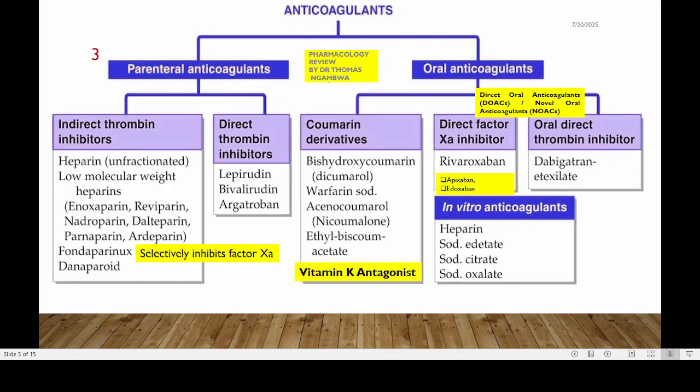They have one advantage over warfarin, in that they don't require INR monitoring. Thank you so much. Let's go through that and compare it with the pulmonary embolism or the use in the DVT to see the difference.